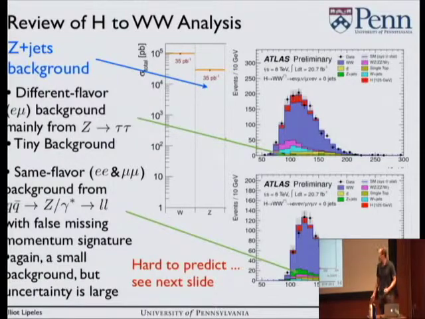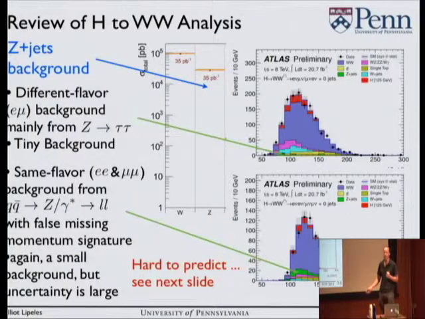Okay, the next background is Z plus jets. What Z plus jets is, basically, I have 2 leptons, and there shouldn't be any missing energy in a Z plus jets event, but I have experimental resolution. And what happens is that we have to divide our thinking about this into 2 categories.